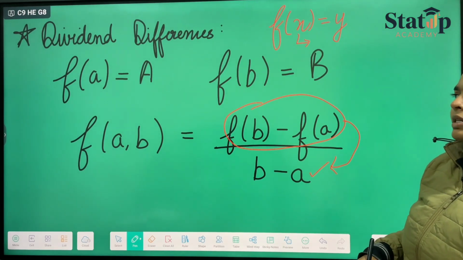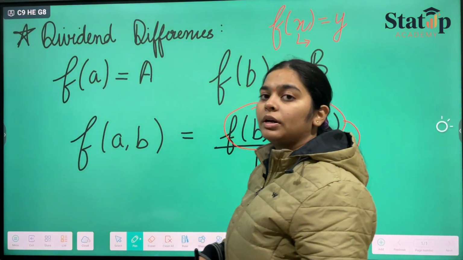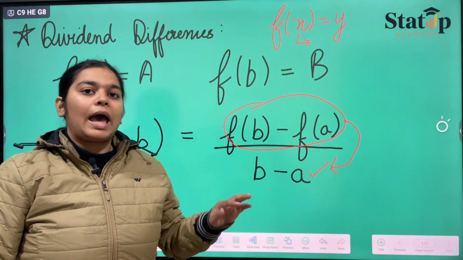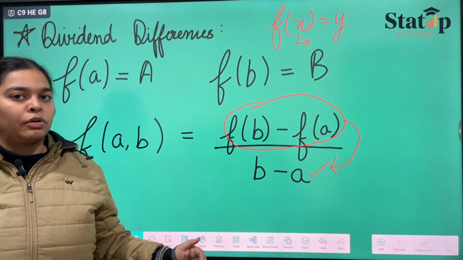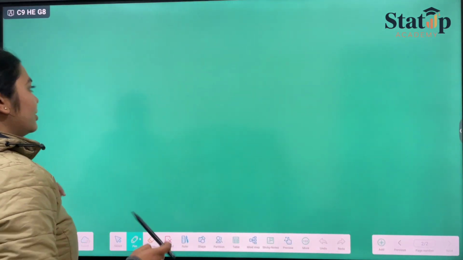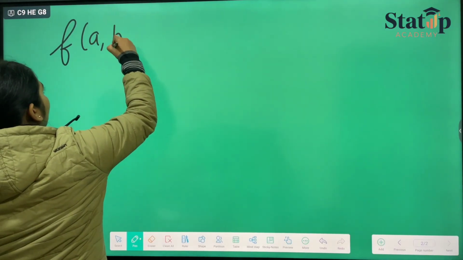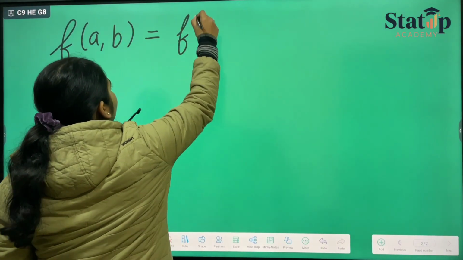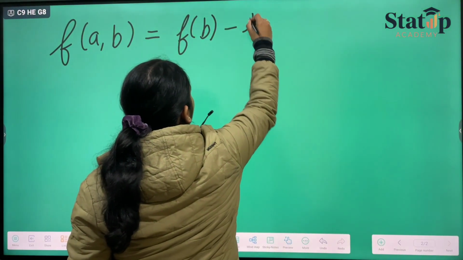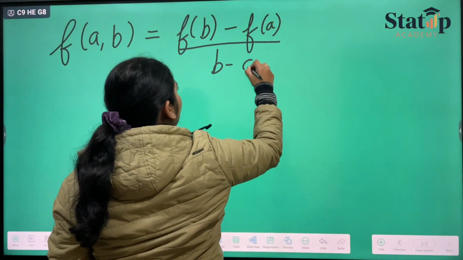Now divided differences can be calculated starting from two functions, and it can be calculated for n number of functions. Suppose we have done this for two functions, so we can write f(a, b) as f(b) minus f(a) upon b minus a. This we have done.